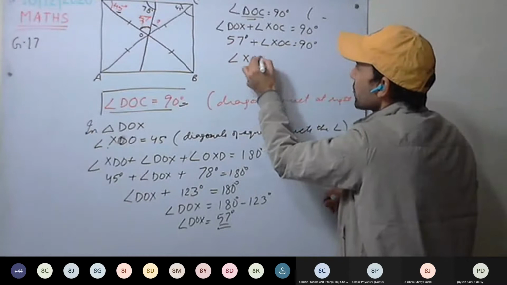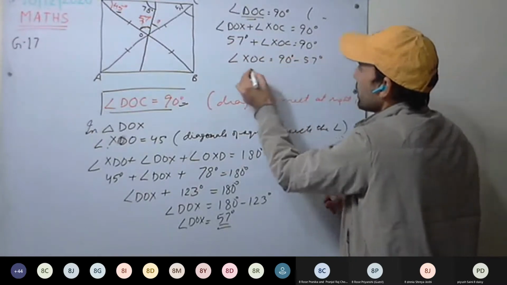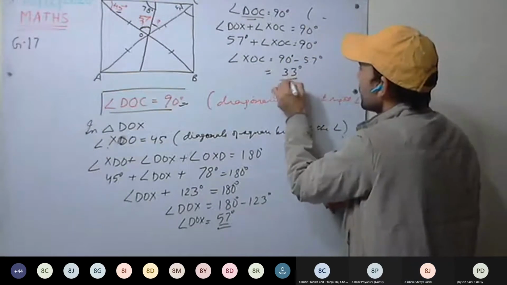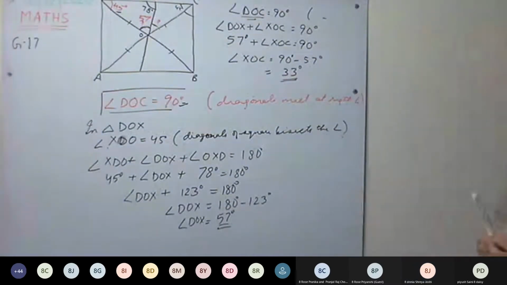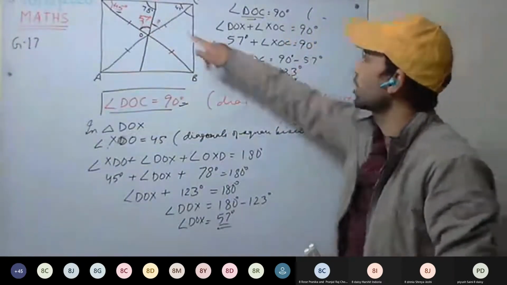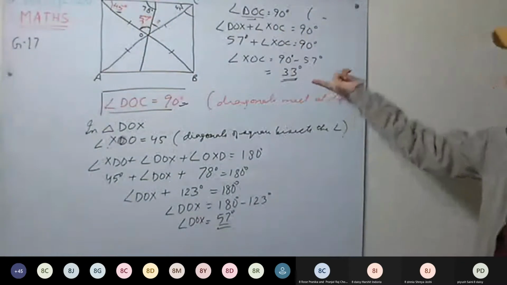So angle XOC equal to how much? 90 minus 57 degrees. This equals 33 degrees. Okay. Now you can see as well, 57 degrees plus 33 degrees is 90 degrees. Understood?